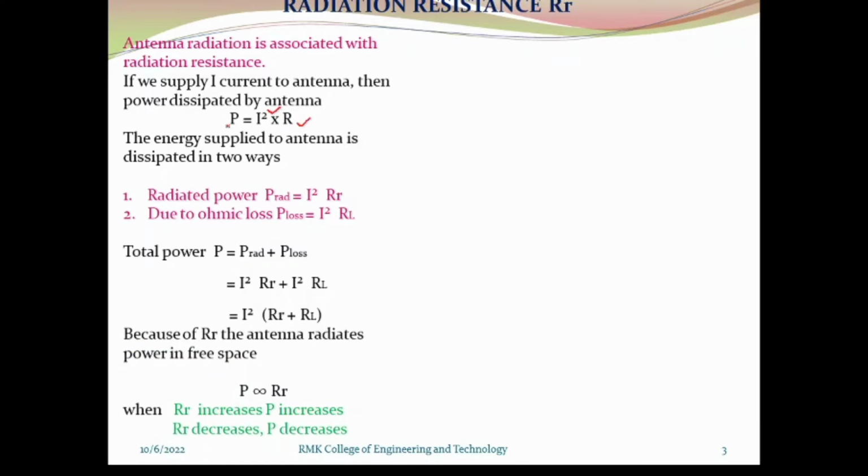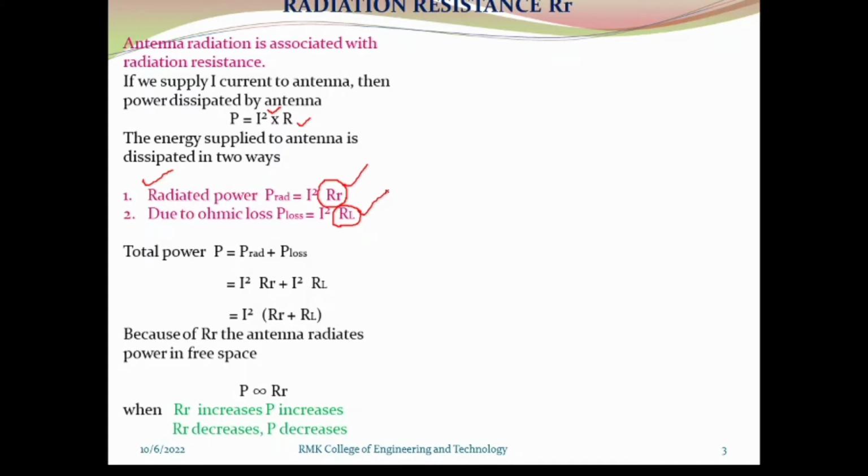The energy supplied to an antenna is dissipated in two ways. The one is radiated power, equal to I squared into RR, where RR is the radiation resistance. The other one is the power loss due to ohmic loss, where the resistance is RL. So it is called the loss resistance. So power dissipation occurs due to radiation resistance as well as loss resistance.